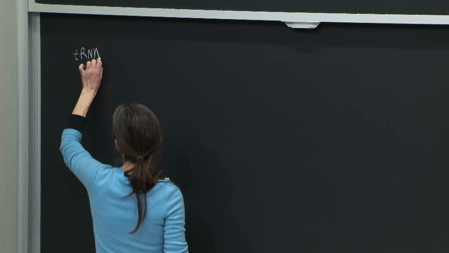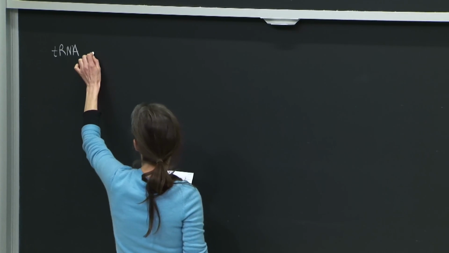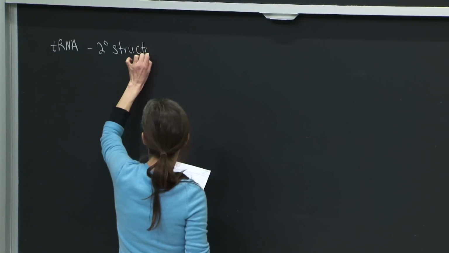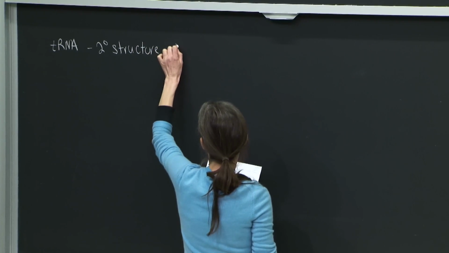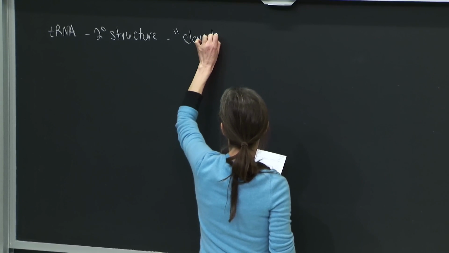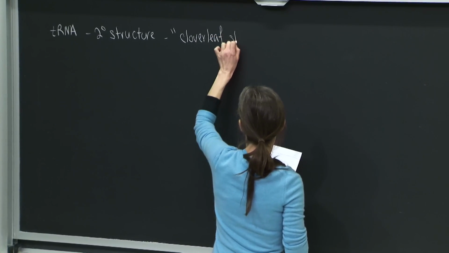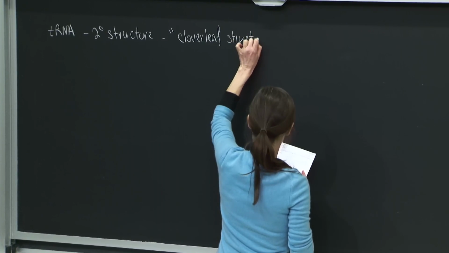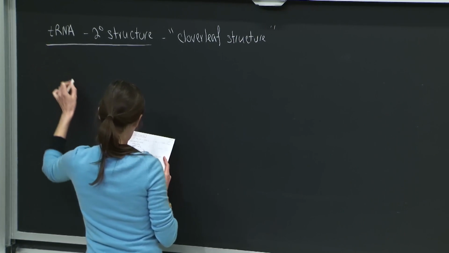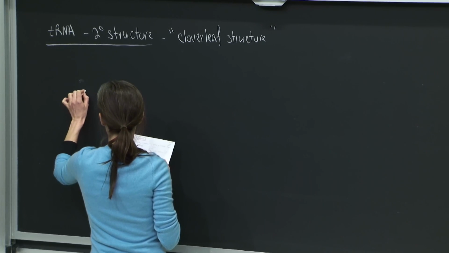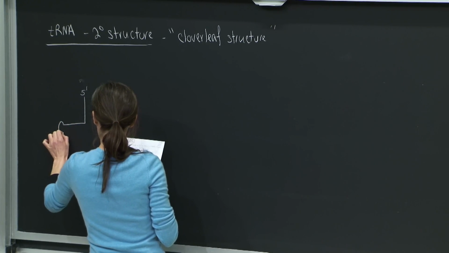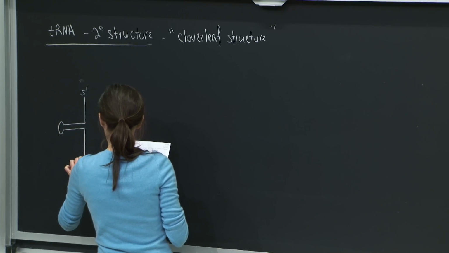we can think about tRNA secondary structure, which is often described as cloverleaf. So we have a 5' end. The tRNA has several arms.